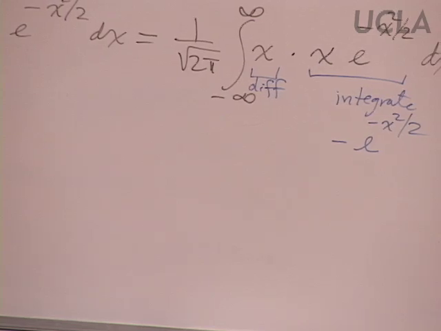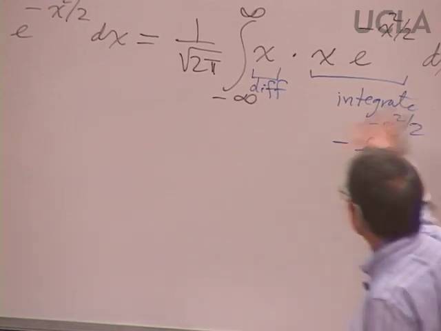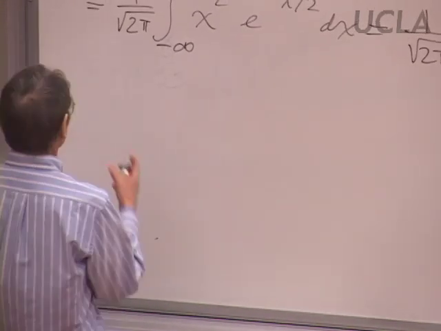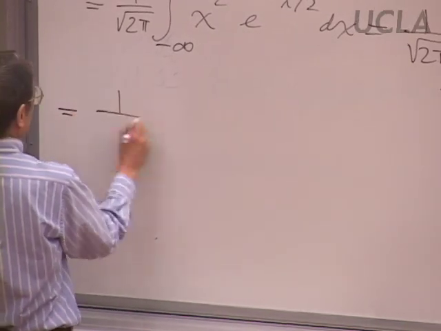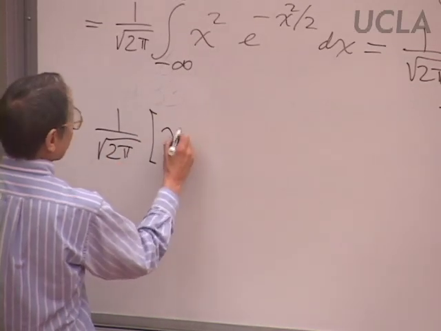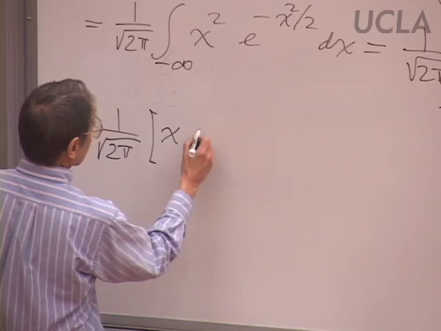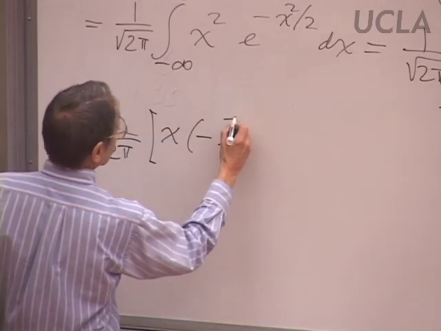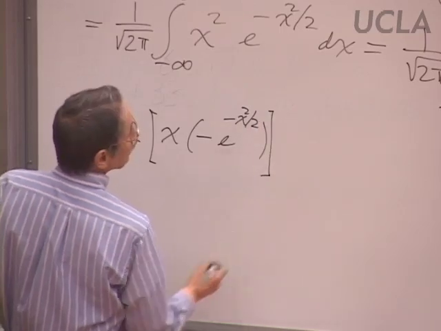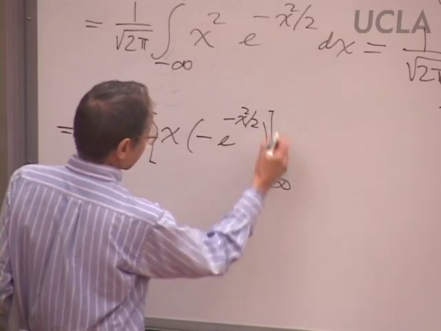Okay, so now we do it. We're just doing planning here. We apply integration by parts. So we have x times minus e to the minus x squared over 2, going from minus infinity to plus infinity.